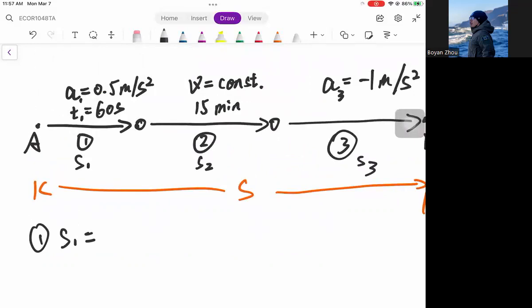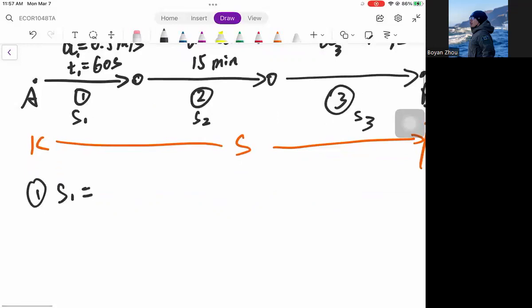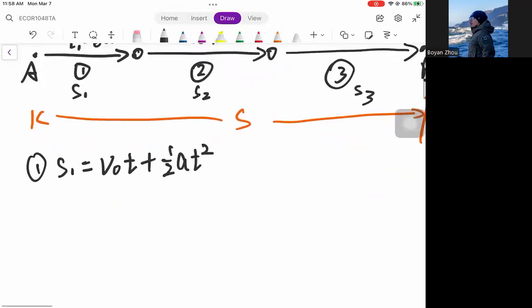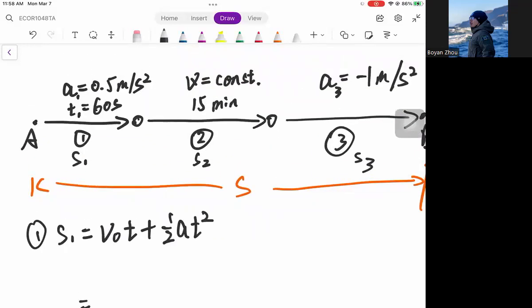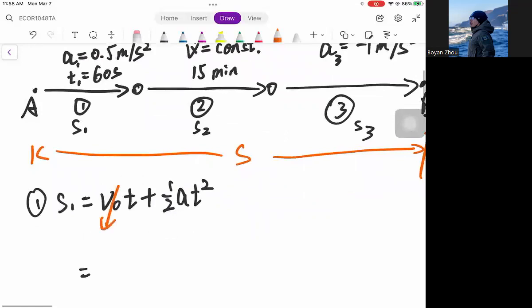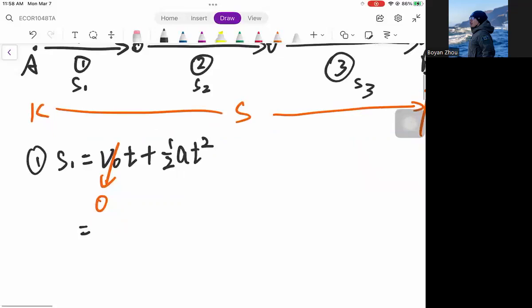So for this one, we're just gonna use the equation we learned in high school: the displacement is equal to the initial speed times the time t plus half acceleration t to the power of 2. In this case, the train is starting from rest, so the initial velocity is going to be 0. So I have a 0 here.